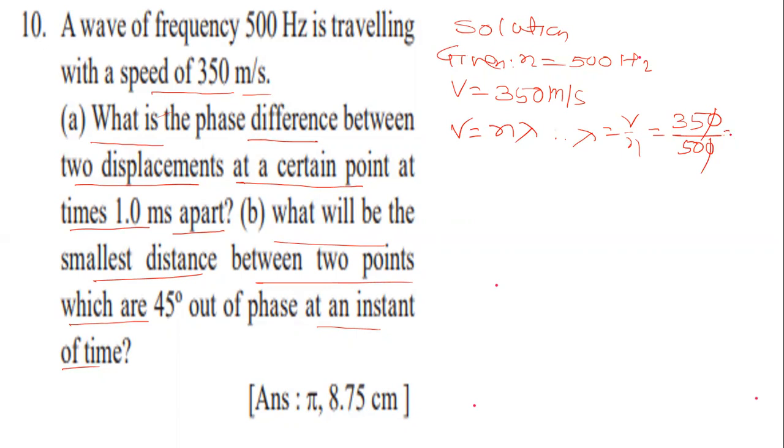Therefore 35 divided by 50, if we divide numerator and denominator by 5, we will get 7 divided by 10. Therefore, wavelength lambda is equal to 0.7 meter. So this is the wavelength of the waves.